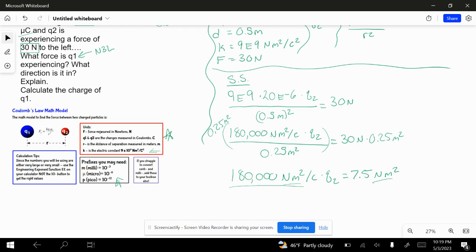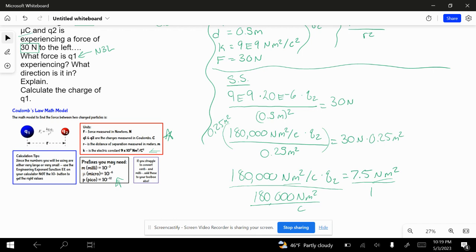So let's divide out the 180,000 newton meters squared per coulomb. And then add that as a fraction. And we're going to multiply by the reciprocal of that. Since we're dividing a fraction by a fraction, I just made that a fraction.